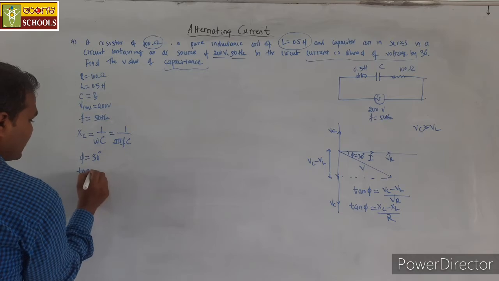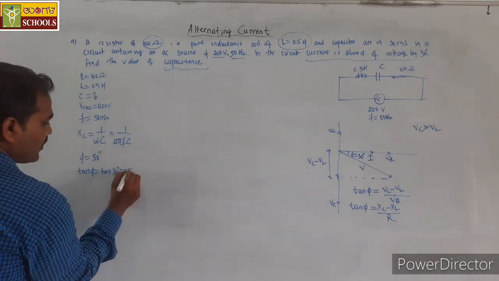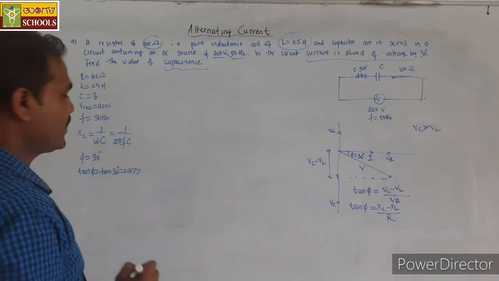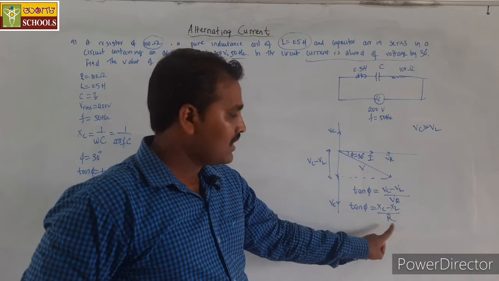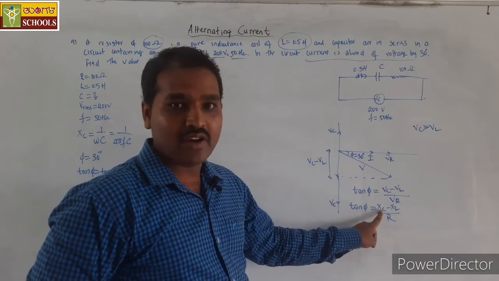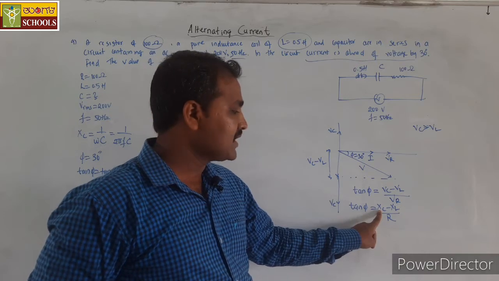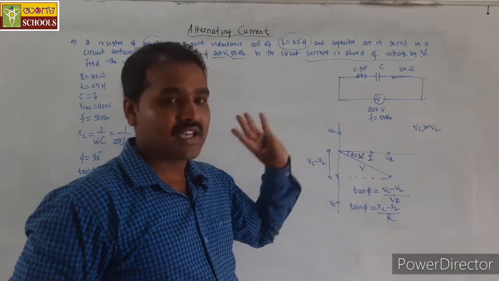So tan phi is equal to tan 30 degrees, that is equal to 0.577. Using this relation, R is given, tan phi is known, we just have to find the value of XC. By finding XC, I can find the capacitance of the capacitor.